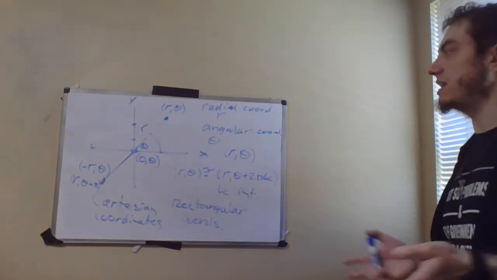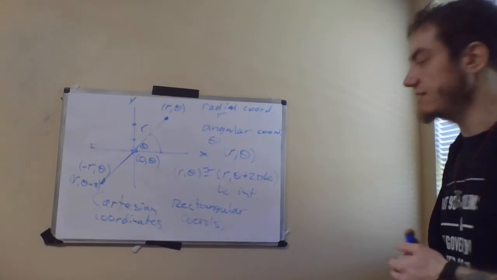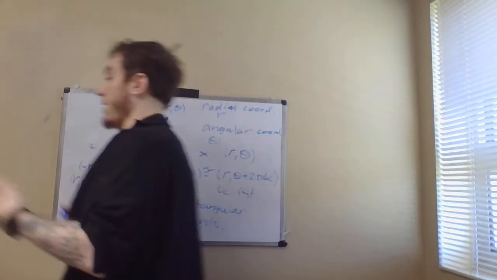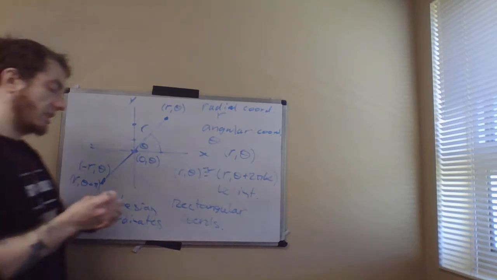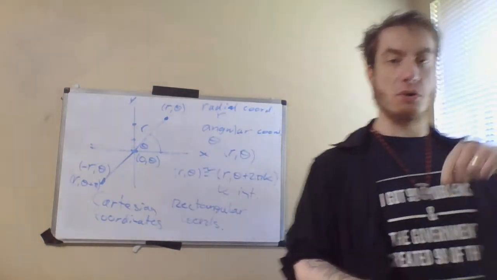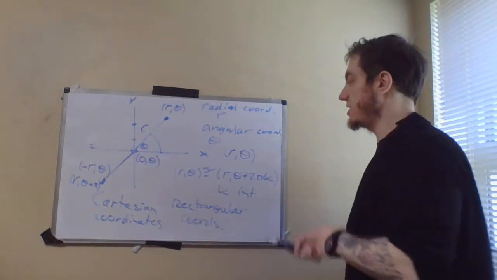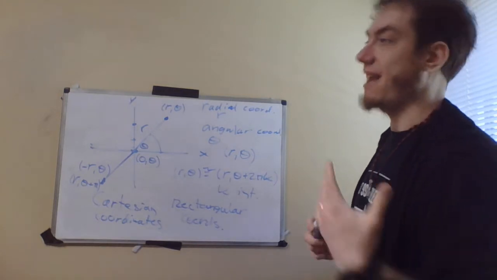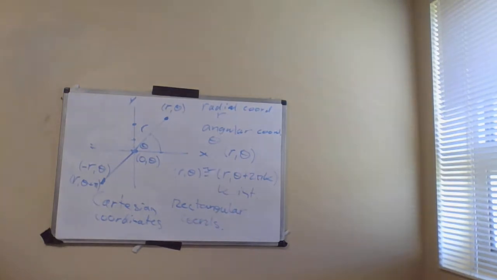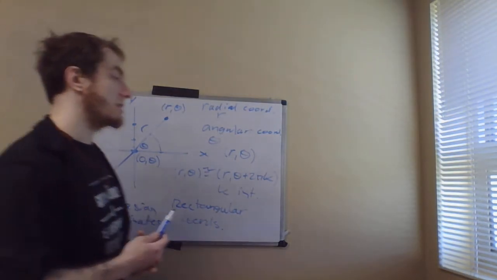So we can do whatever we want that way. Now, one thing this does mean, of course, is that if you're locating a point and you want to give the polar coordinates of that point, you have a bunch of choices to make in how to do that. So depending upon how you've been asked to give the point, you may want to make different choices.